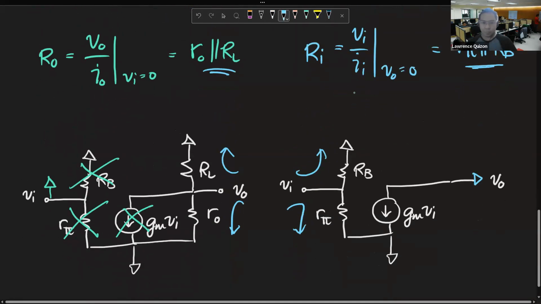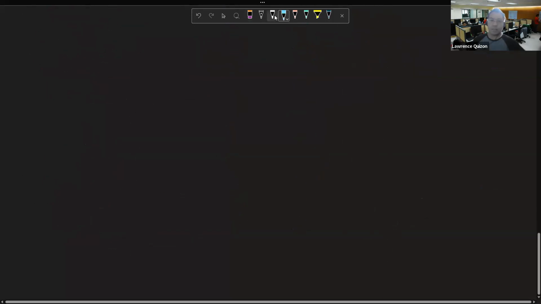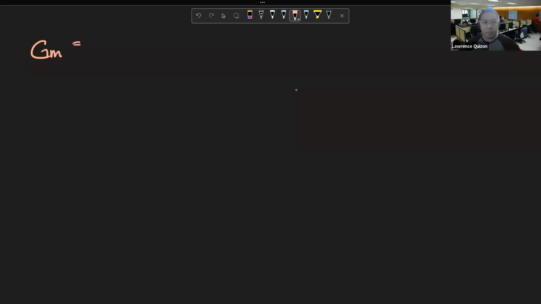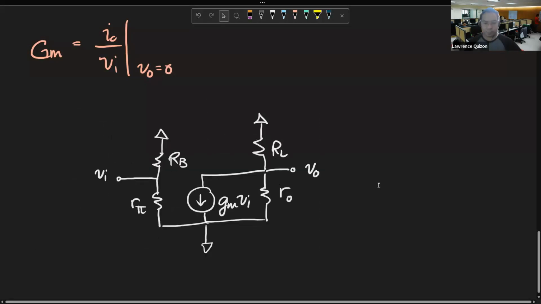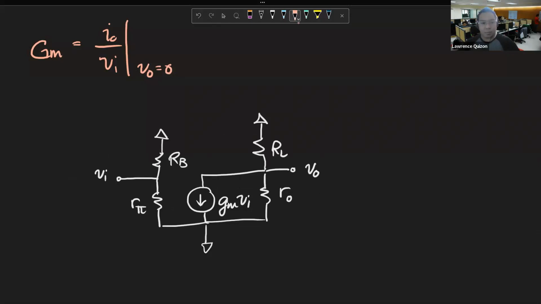So now, that's R out and R in. Lastly, we have Gm. Gm is I out over V in, given V out is 0. So V out is 0, so we set this to ground, again removing these guys. Hindi na sila kailangan.